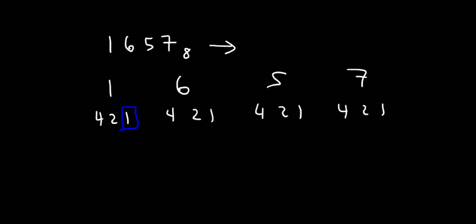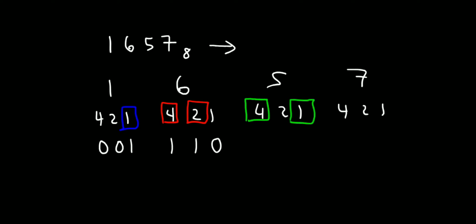Simple, 0 0 1. And how will we get 6? We will add 4 and 2, so it is very easy, 1 1 0. Now how will we get 5? 4 and 1, so 1 0 1. And how will we get 7? By all these numbers. So 1 1 1.